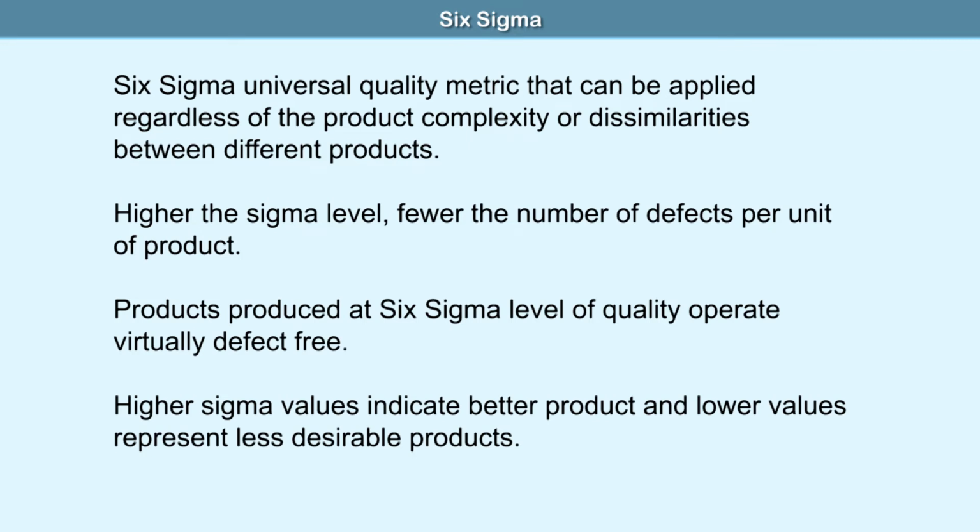Products produced at 6 sigma level of quality operate virtually defect free. Higher sigma values indicate better product and lower values represent less desirable products.